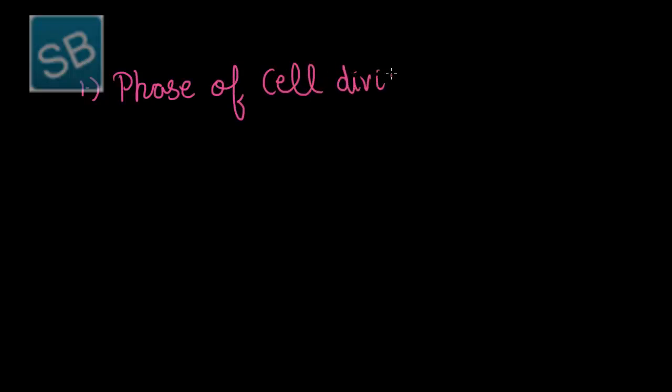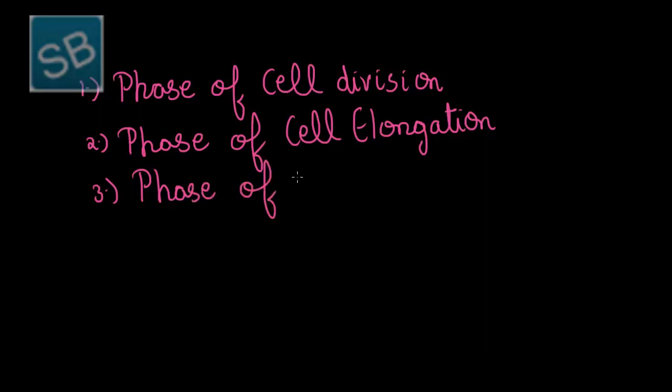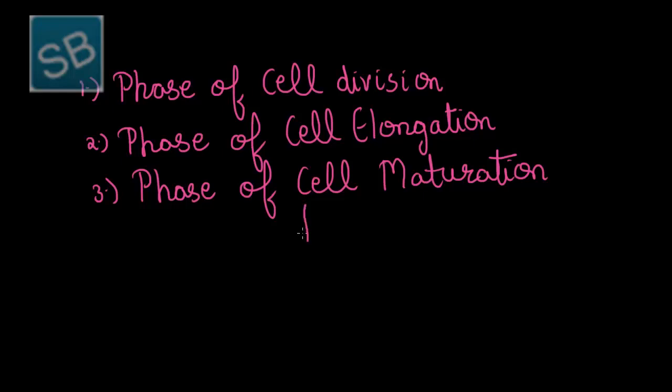These three phases of growth, that is the phase of cell division, the second phase of cell elongation, and the third phase of cell maturation, are individually known as distinct regions.